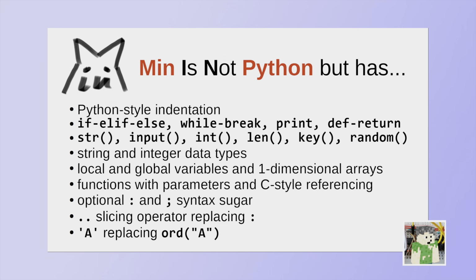Min features local and global variables and one-dimensional arrays, string and integer data types, functions with parameters, and C-style ampersand referencing. Optional colon and semicolon syntax sugar, a double dot array slicing operator, and single quotes replacing Python's ord function. So even though Min is not Python, if you know a bit of Python, you already know Min.